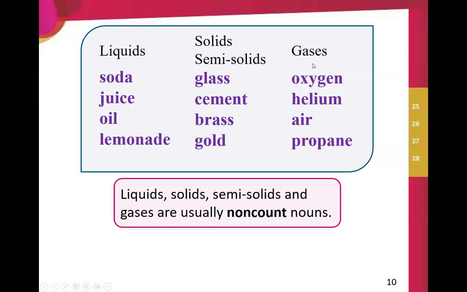And also gases like oxygen, helium, air, propane, and so on. So liquids, solids, semi-solids, and gases are usually non-countable nouns.